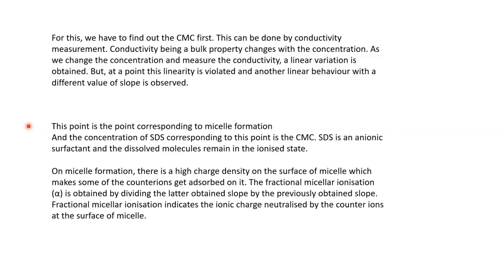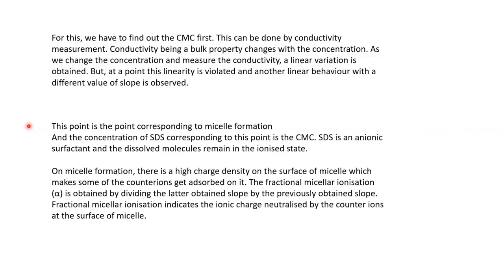Now, conductivity being a bulk property changes with the concentration, and as we change the concentration and measure the conductivity values, a linear variation is obtained. But at a point, this linearity is violated and another linear behavior with a different value of slope is observed. And this is due to the micelle formation.